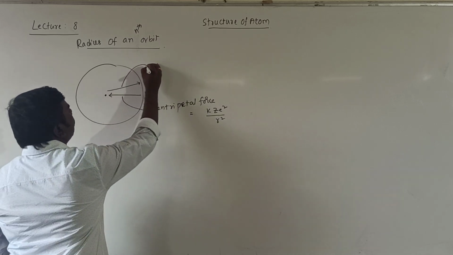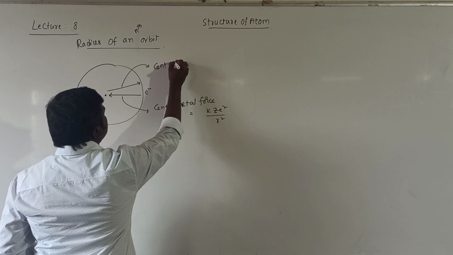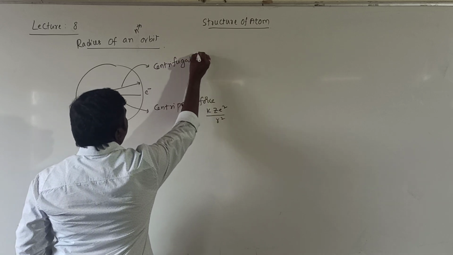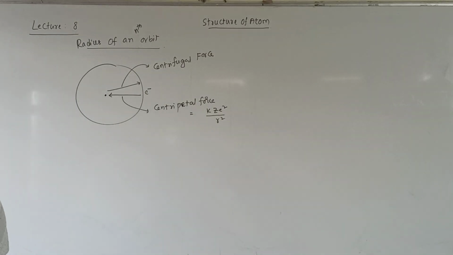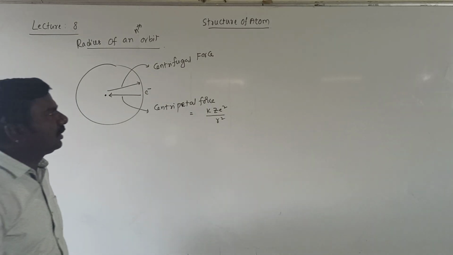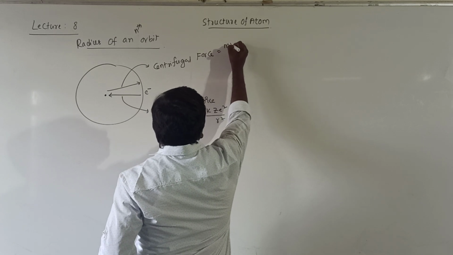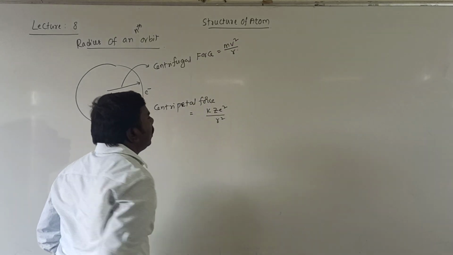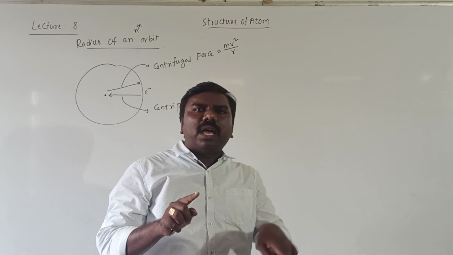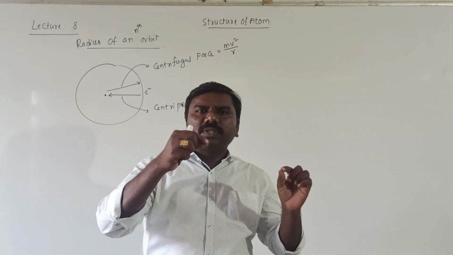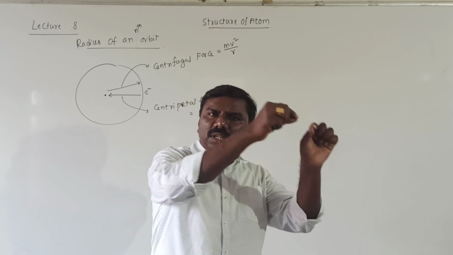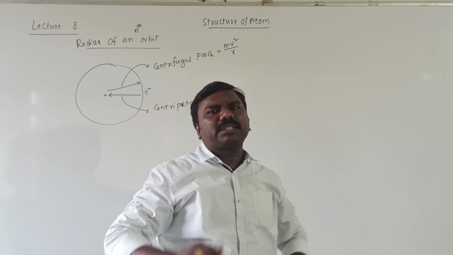This force is called centrifugal force. Centrifugal force is equal to mv square by r. For the electron to revolve in a fixed orbit, this force and this force must be the same, then only it will revolve in a fixed orbit.